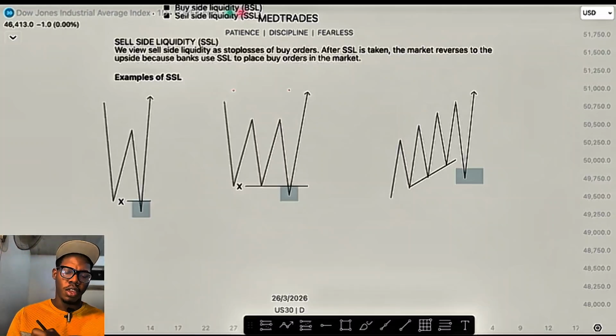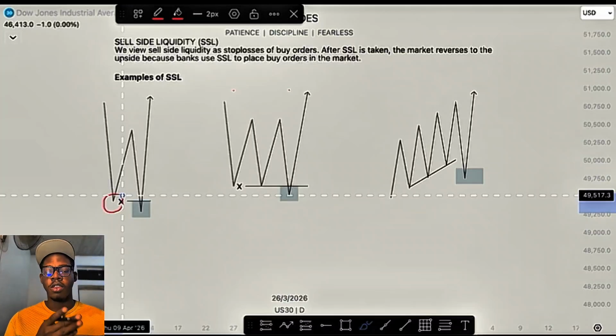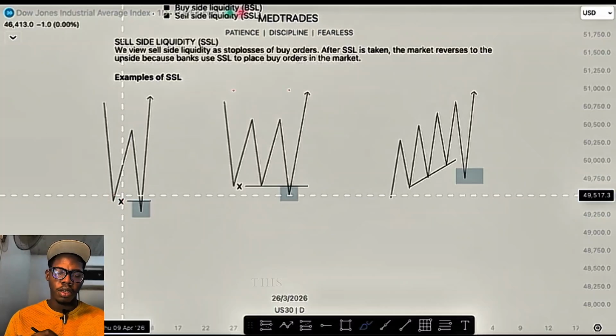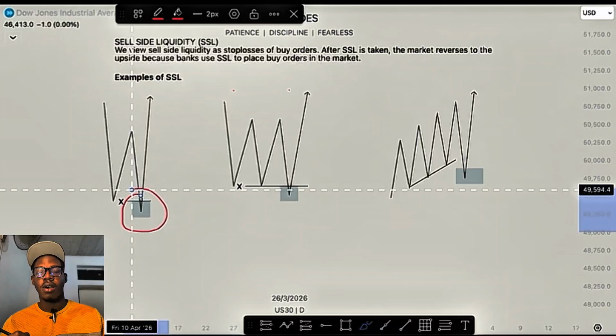As you can see here, on the buy side liquidity, we termed this X as the buy side liquidity. Now in this scenario, this is going to be the sell side liquidity, and this blue box right here is the sell side liquidity that has been taken.